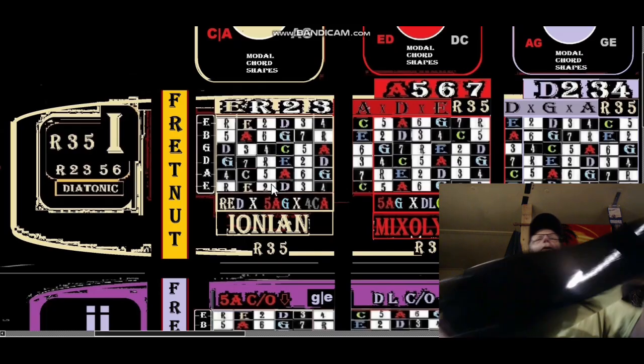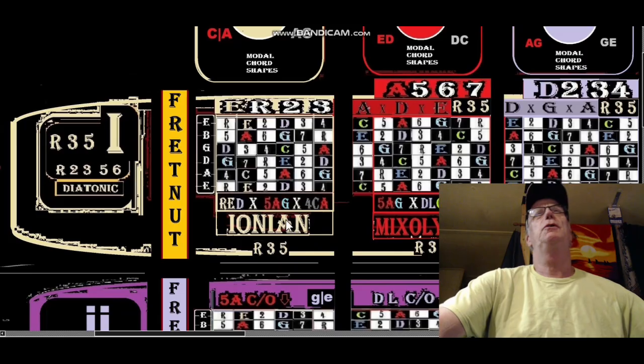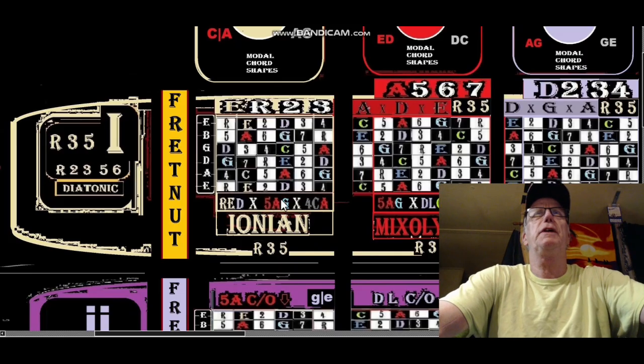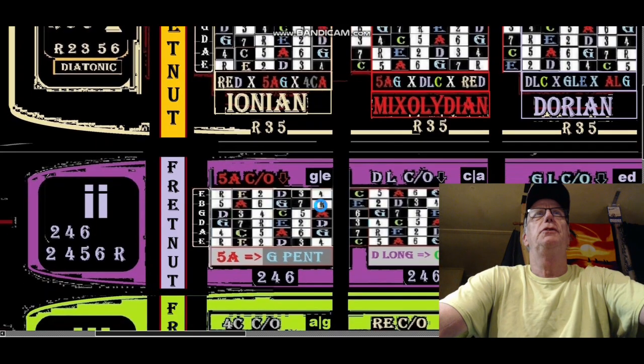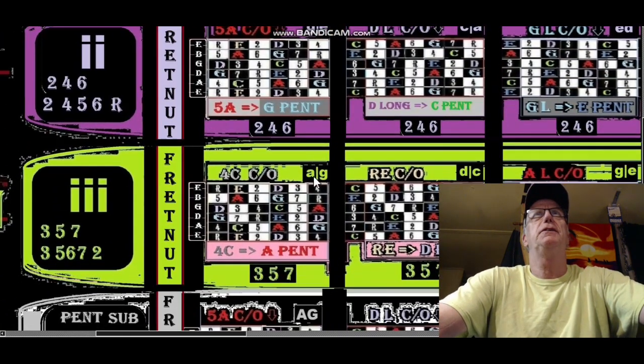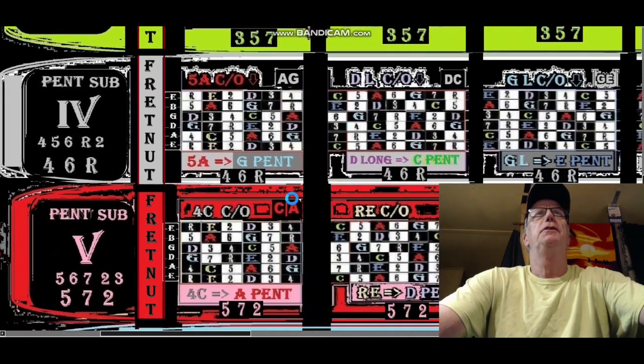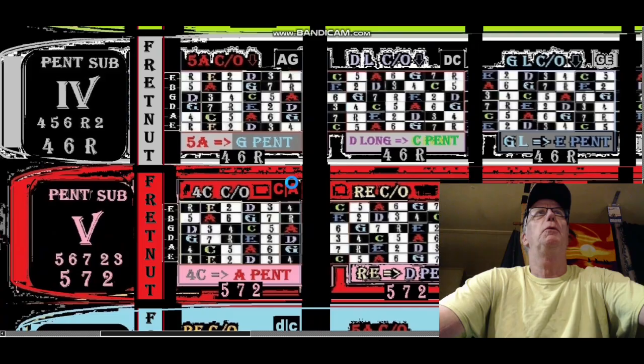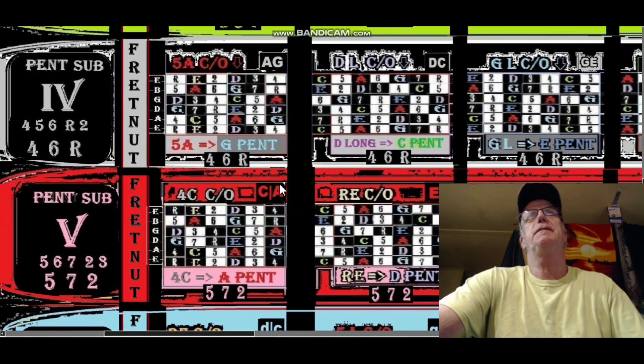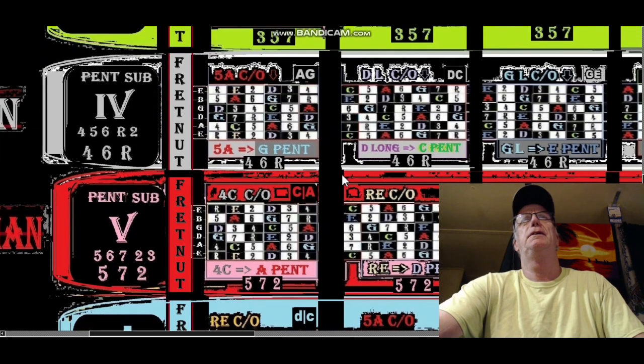Okay, so that's how that works. Now let's go ahead to the fourth shape and the fifth shape in the 1, 4, 5. So we'll scoot past the second and the third minor on over here to the fourth and the fifth. But I want to show you if I can fit it in there.